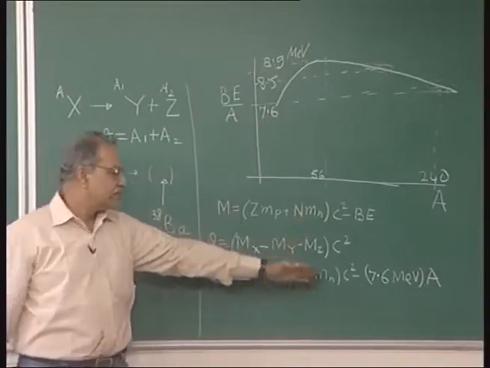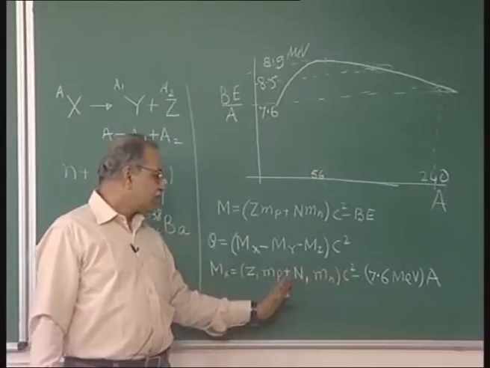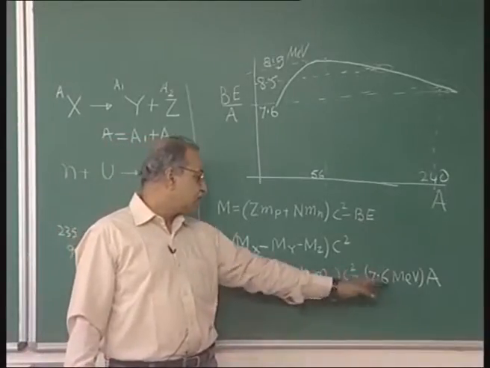So, the binding energy is this much, and this is proton mass separately plus neutrons mass separately minus the binding energy, that is this Mx.